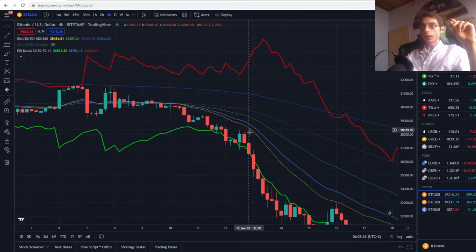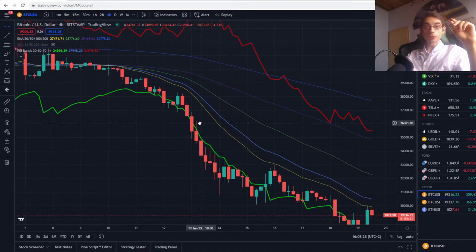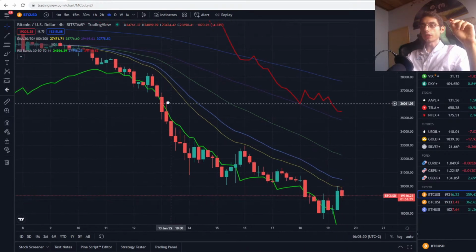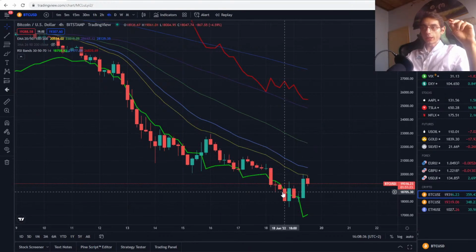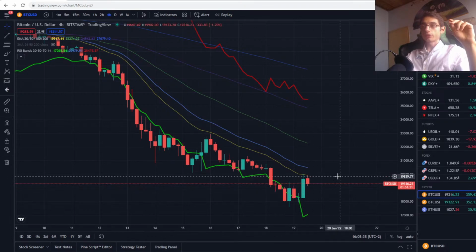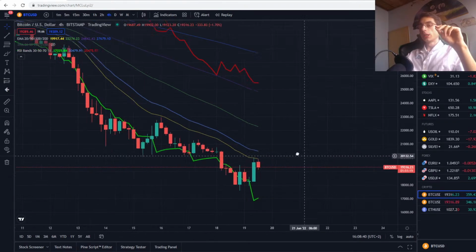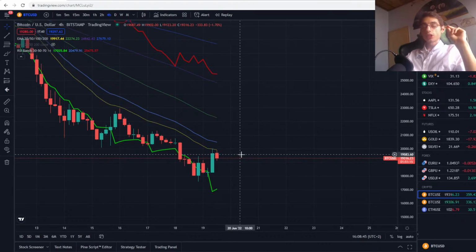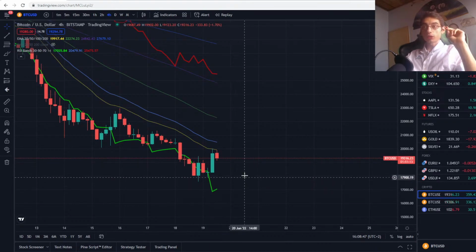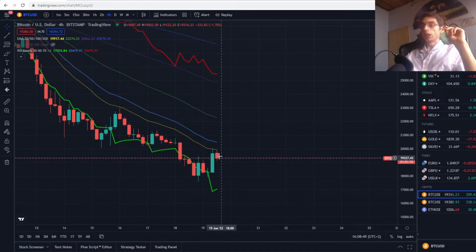The yellow line, the 20 EMA, has been the shorter term price action indicator. We retested it as a resistance and we fell below again, and we are now retesting it for the third time, and it seems like it's still resistance, so we may experience a little bit of a downtrend for sure.